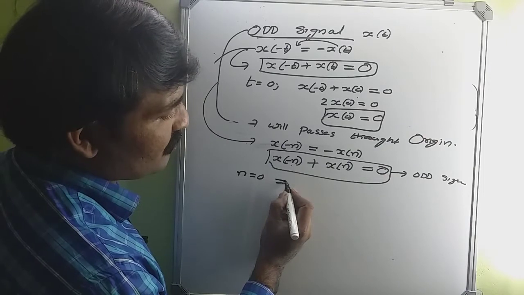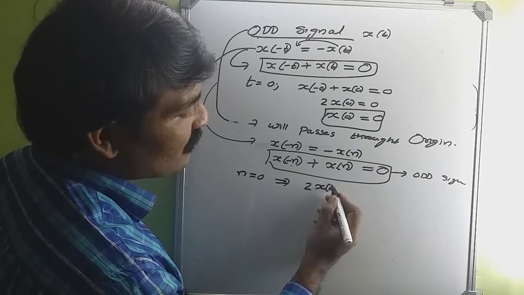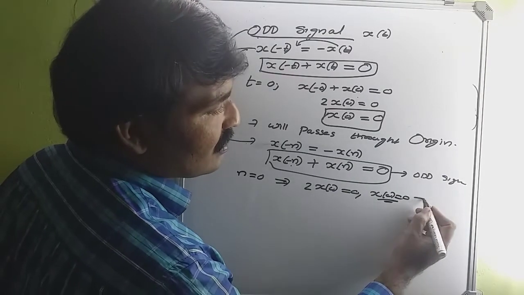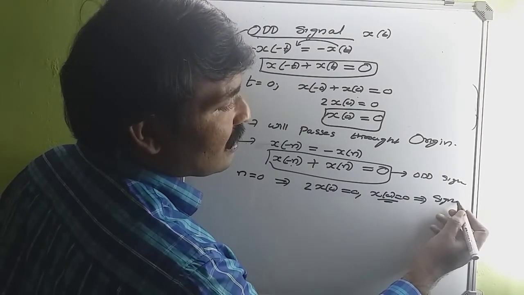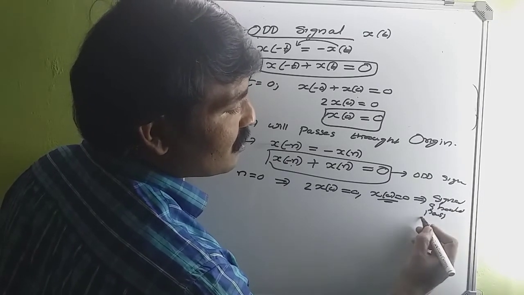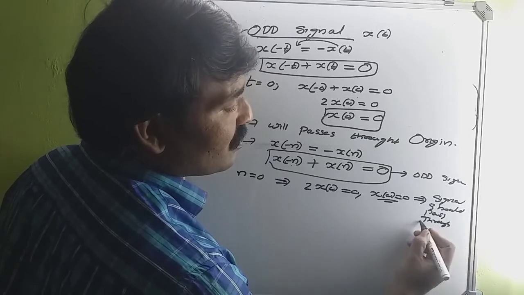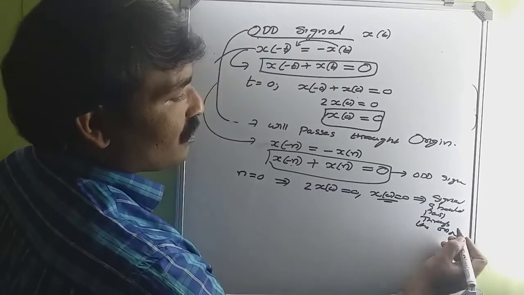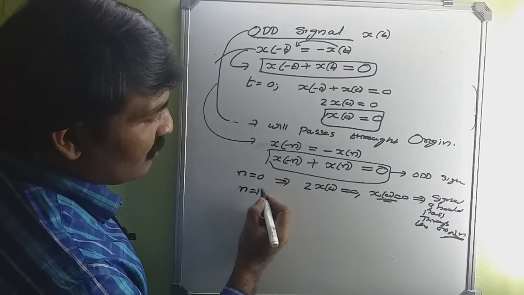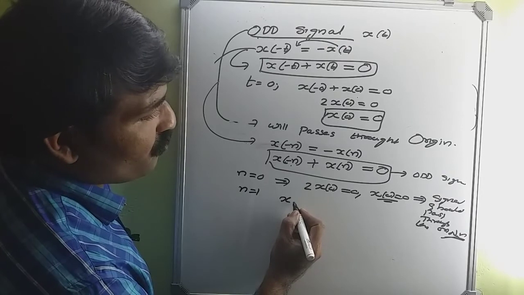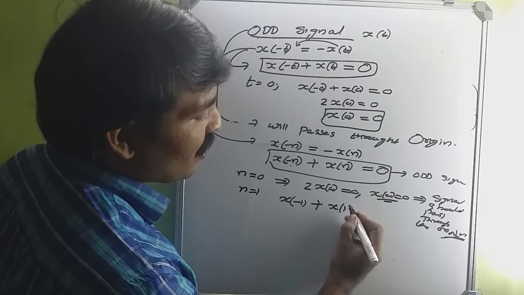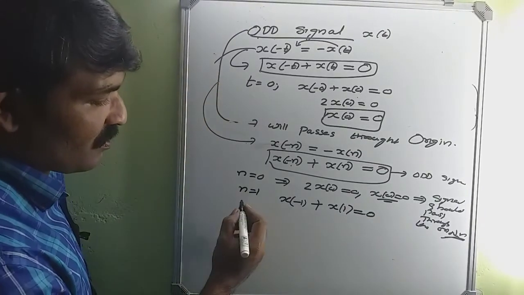This implies 2 times x of 0 is equal to 0, or x of 0 is again 0. This implies the signal should pass through the origin. Now n is equal to 1. This implies x of minus 1 plus x of 1 is equal to 0.